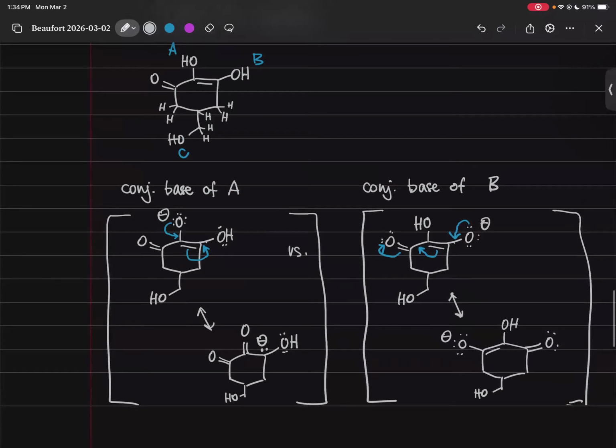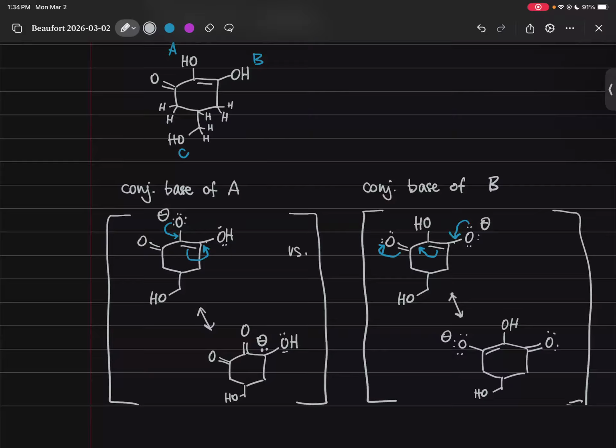Okay. It all comes back to resonance structures. So when we're comparing the quality of the resonance structures, for example, trying to pick which contributor is the major contributor, between these two, the one where the negative charge is on the oxygen is a clear winner.